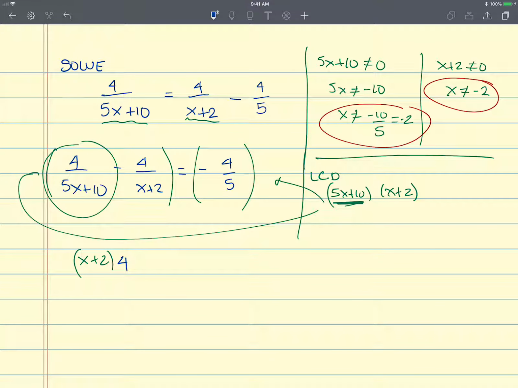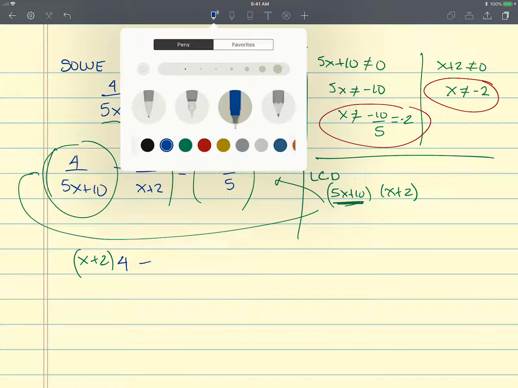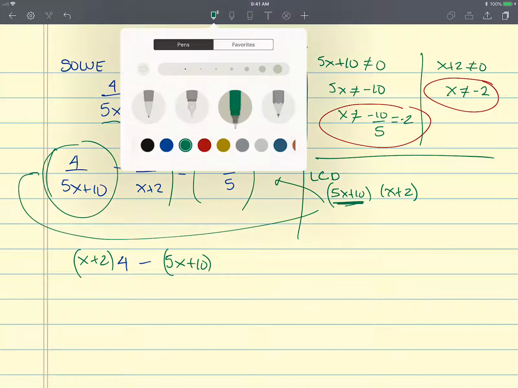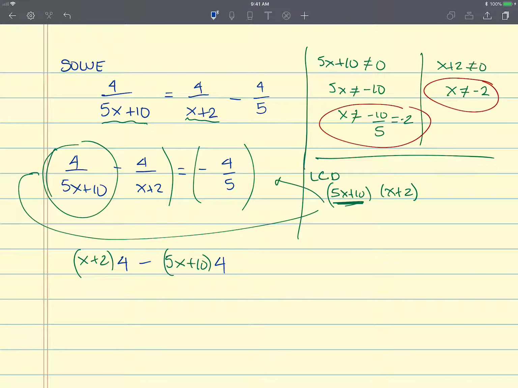Over here, what's going to cancel is the other term: the x plus 2 cancels, and I have the 5x plus 10 multiplying the 4. So the denominator disappeared because I'm multiplying by this. I didn't write it down, but this is multiplied here as well. If I distribute, one term cancels and the other survives.